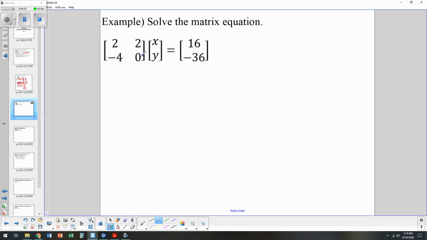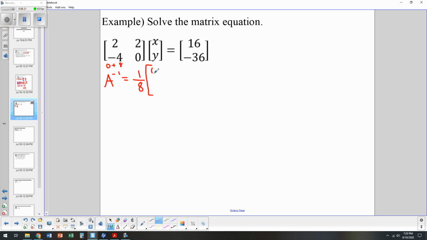So we're going to do the same thing we just did last time. I'm going to find the inverse of the first one. So we know that 0 minus negative 8, so 0 plus 8. So that's 1 over 8.